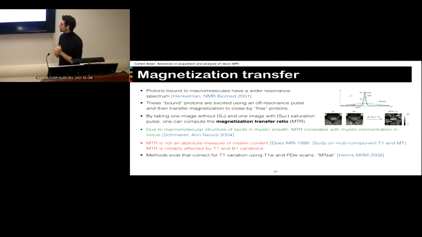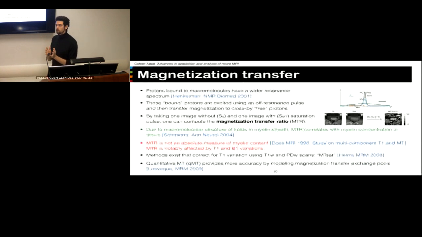There are better ways than MTR to try to account for those effects, called MTSAT. And if you want to go a little further, you could also try to model the different compartments that are responsible for the magnetization transfer exchange. And Yves is actually a world expert on that, so he could tell you a lot about this.